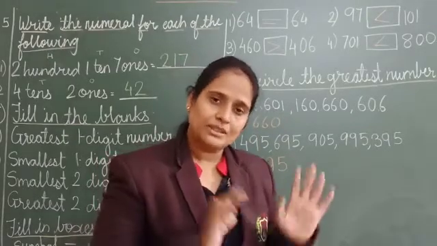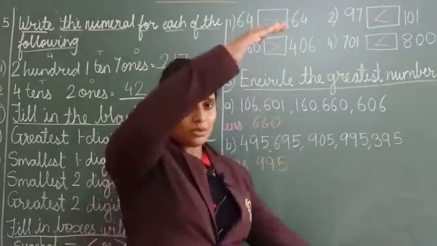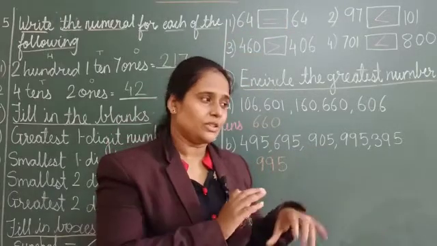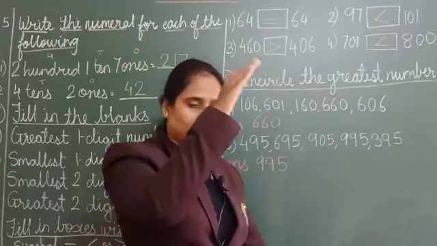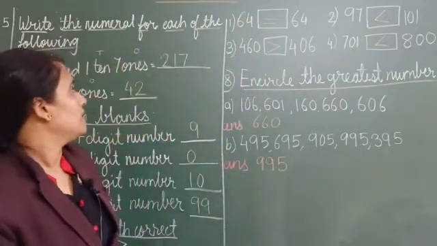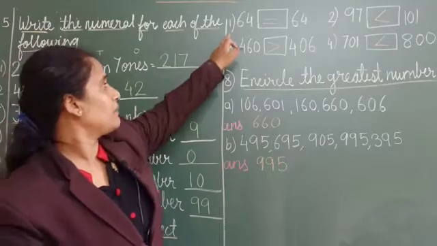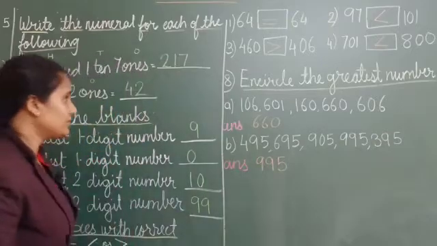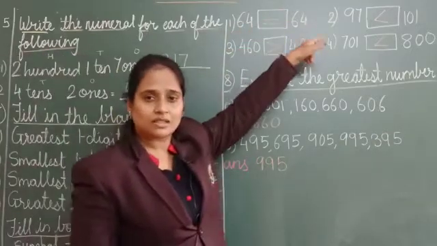Wherever the bigger number is, it will open its mouth towards that side. The crocodile likes to eat the bigger number, so it will keep its mouth open towards the bigger number. Over here we have the first example, 64 and 64. So what sign will come? Equal to, because both the numbers are the same.